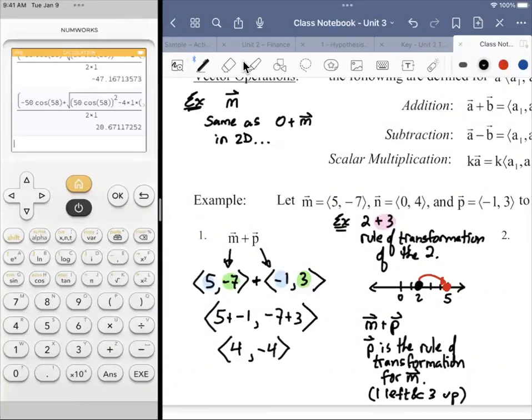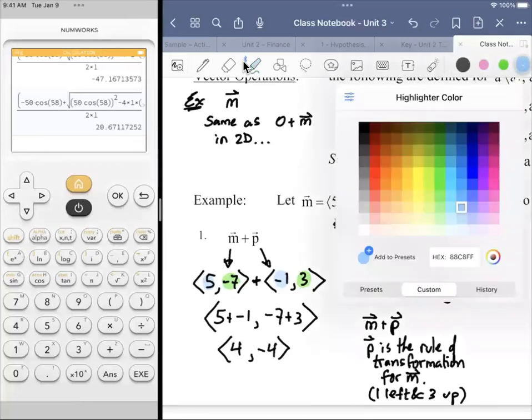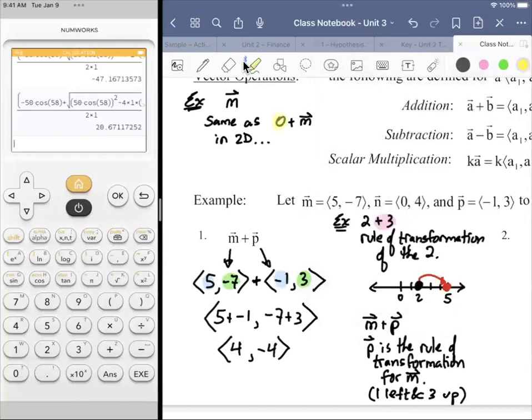So in 2D, that 0 is now thought of, I gotta get a fresh color in here. That 0 is vector 0, 0.